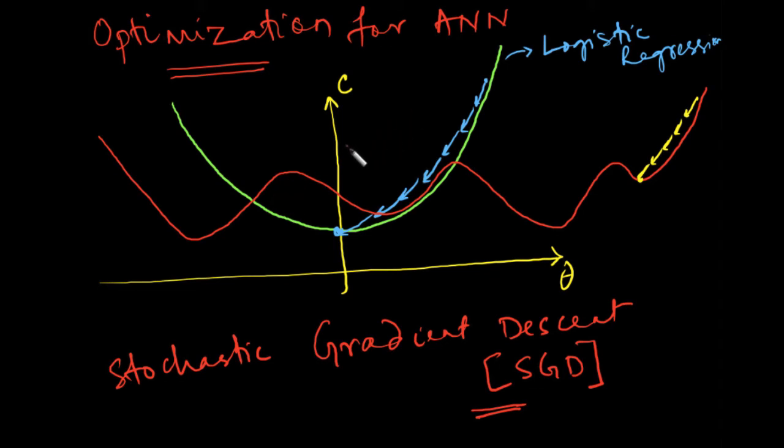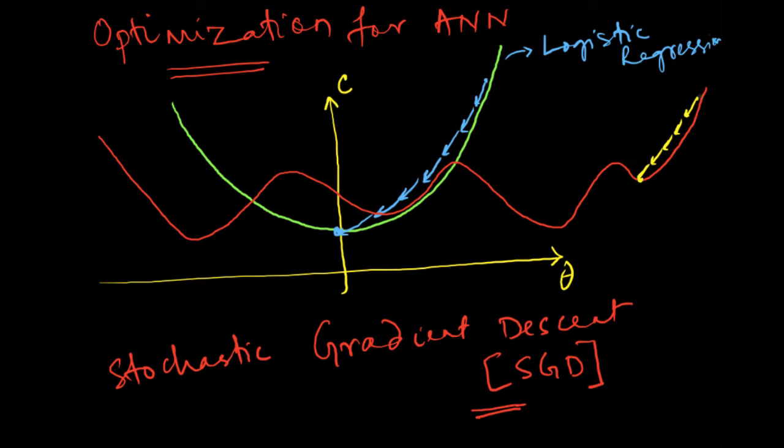Because of that, there is a stochasticity or randomness which is introduced in your gradient descent. So now, instead of doing this simple gradient descent from a point to the nearest local minima, what happens now is more of a random jump.